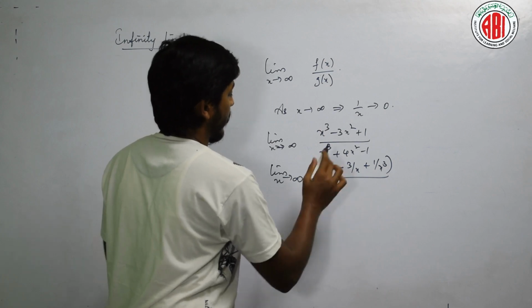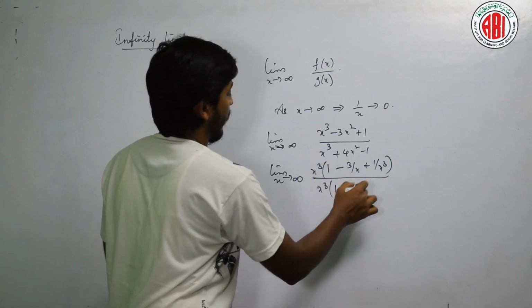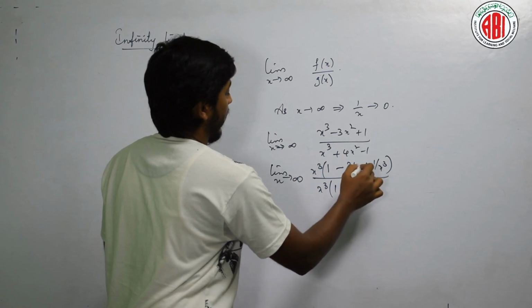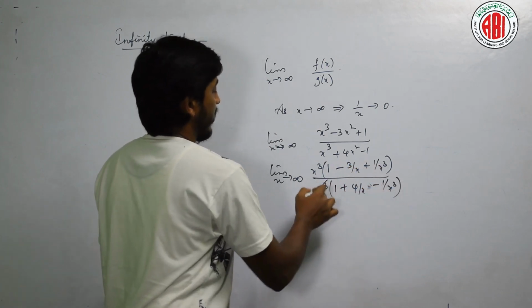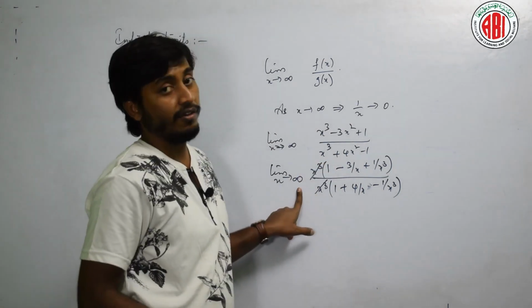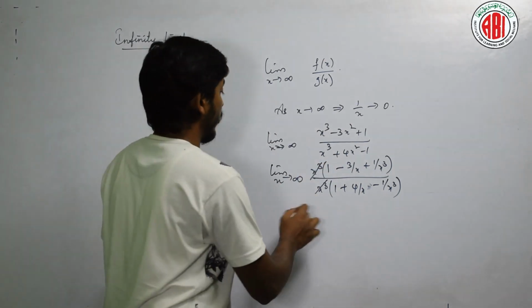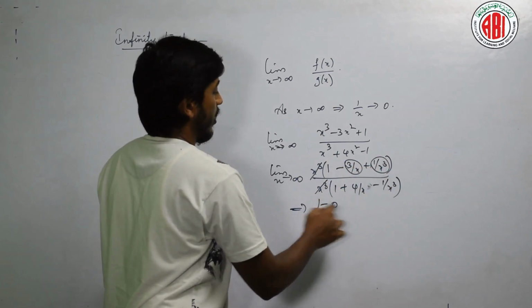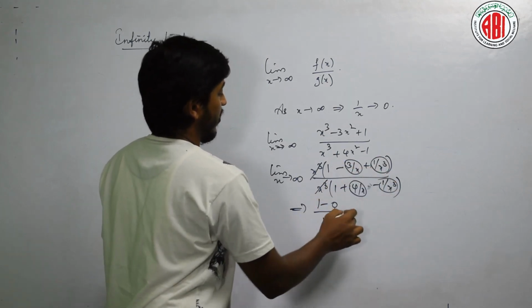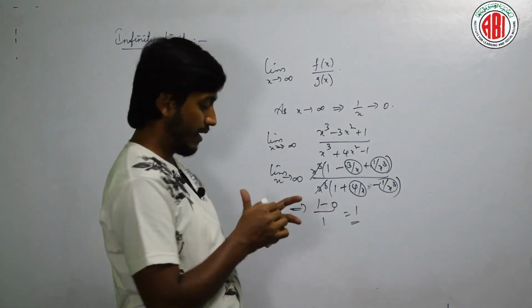If I take common in the denominator, I will get 1 plus 4 by x minus 4 by x square minus 1 by x cube. These will get cancelled. As x tends to infinity, 1 by x tends to 0, therefore 1 will be as it is. These terms will be 0 in the numerator and in the denominator, and the answer will be 1. Is it right?